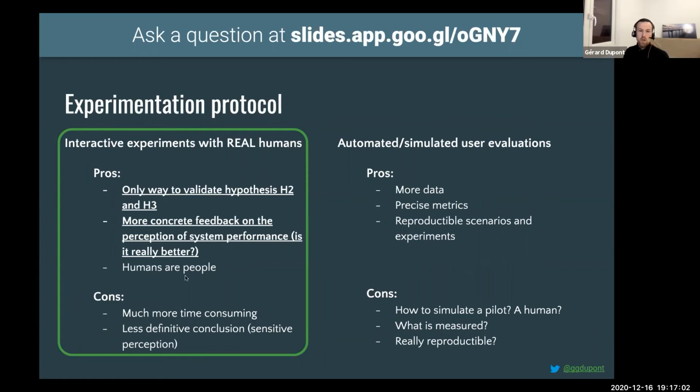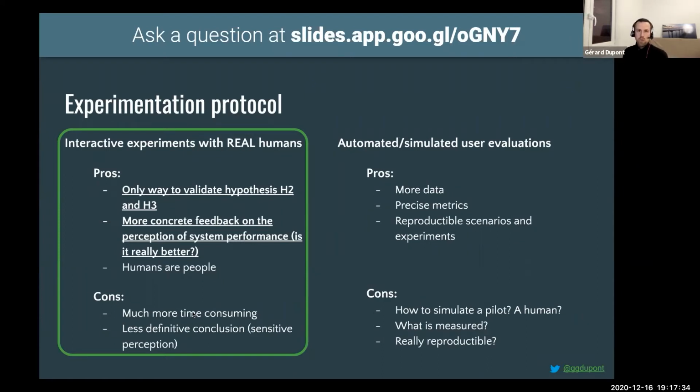And also, humans are people, and it's always good to get the perception of real people on these heavily technical systems. The difficult aspect of experimentation with humans is that it's much more time consuming, and the answers to your research hypothesis could be perceived as less conclusive, because humans are human, you have this perception problem, and each human reacts differently.